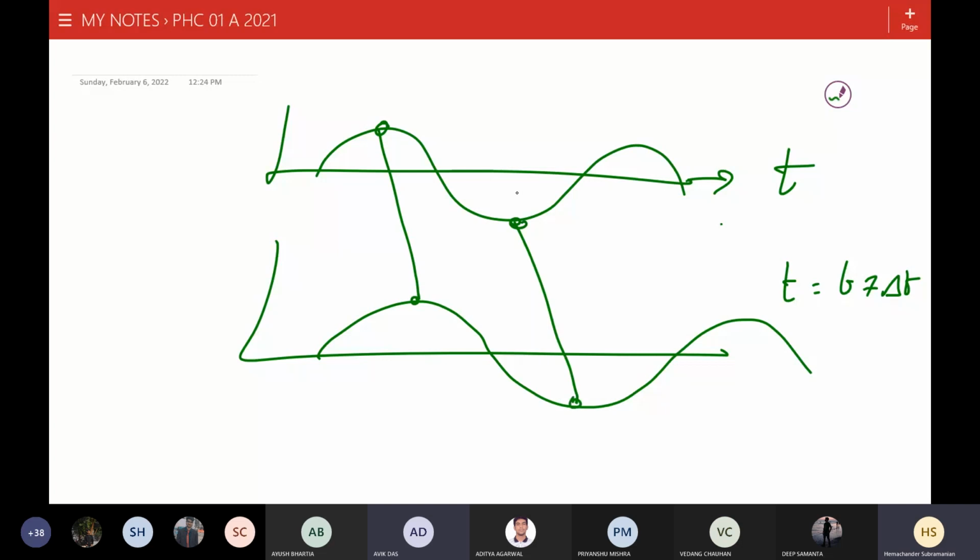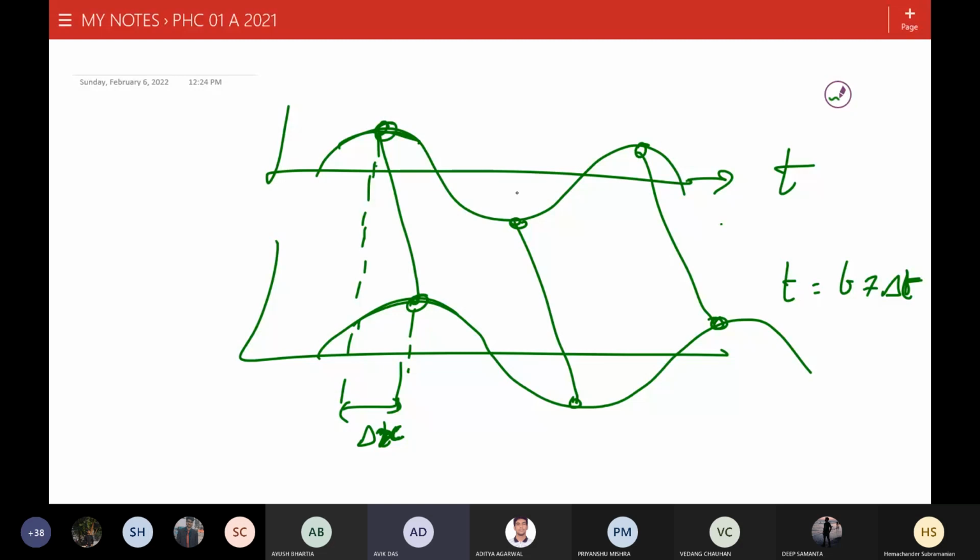I'm trying to intuitively explain what I said. Basically, the crest is going to move through space. The crest is moving from this point to this point, so this is delta x, right? The crest has moved a certain distance after a certain time, delta t.